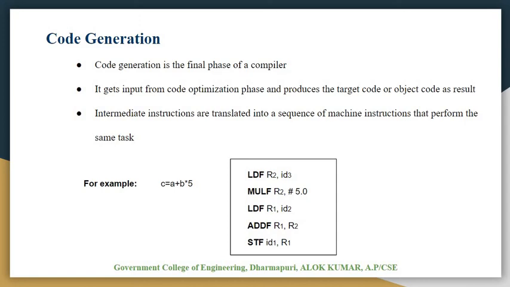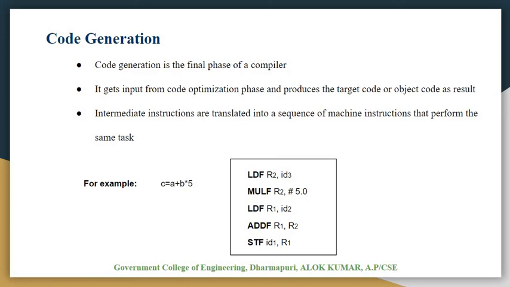So LDF with register R2 and ID3. So this one we are keeping ID3 into load. We are loading into float register R2. This one is MULF, this one is multiplication, and here we are doing R2 and 5.0. So this one is multiplication with the floating point register.